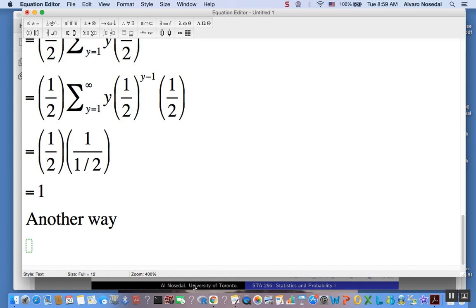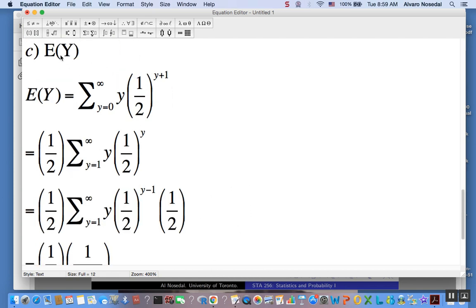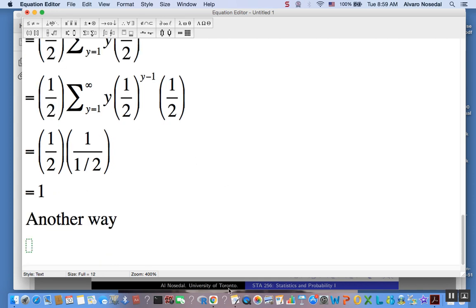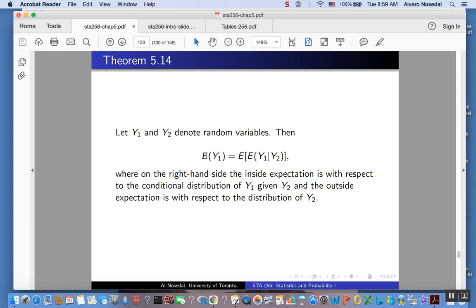Okay. So we want the expected value of y. Let's use that theorem that you have here. So the expected value of y would be the same as the expected value of the expected value of y given x, right? So we're just kind of plugging in. Okay? Make sense?